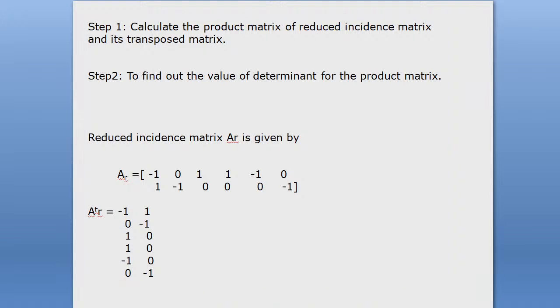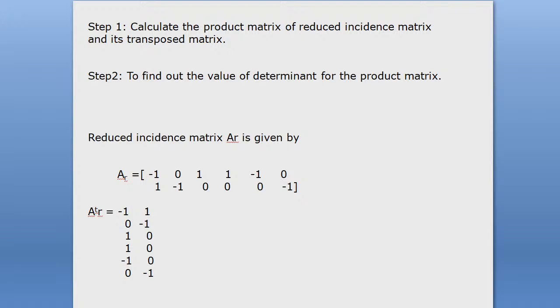Okay, good. Now we will calculate the product matrix. First we have an incident matrix. From that incident matrix we determine the reduced incident matrix by deleting one row from it. Later on, we determine its transpose matrix by interchanging rows and columns.